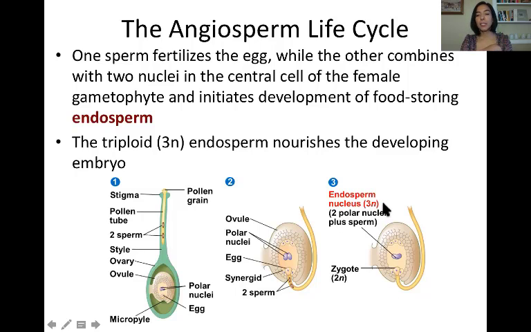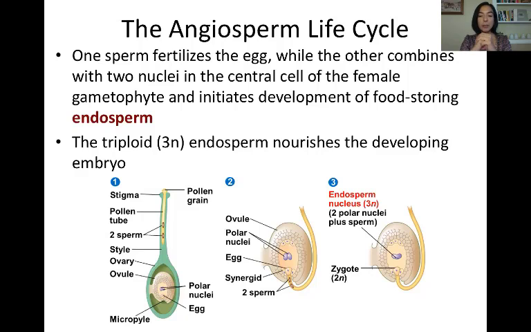3N means triploid. And this is the nutritive tissue, the food supply in angiosperms. If you remember, in gymnosperms, the food supply was part of the gametophyte, and gametophytes are always haploid. So the source of nutrition for the embryo, the first food that the embryo is going to taste when the metabolism resumes, is haploid tissue.